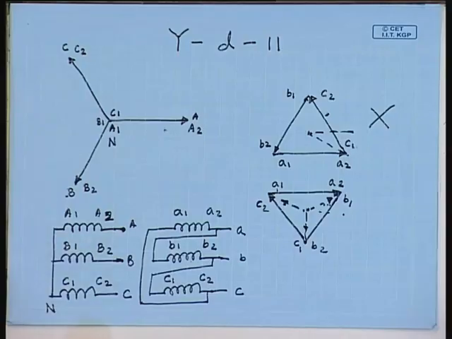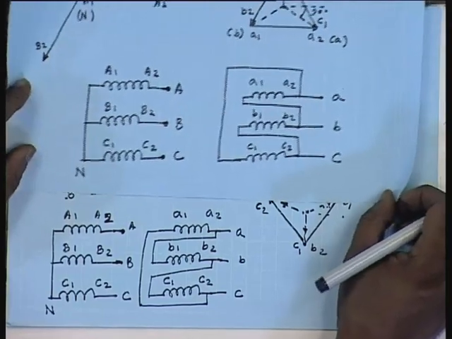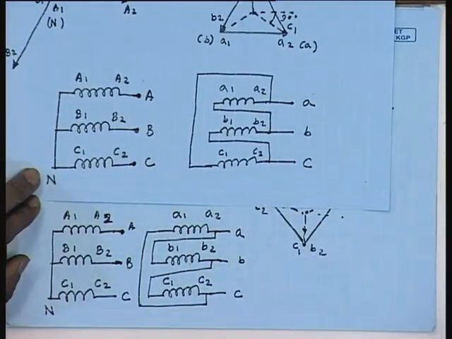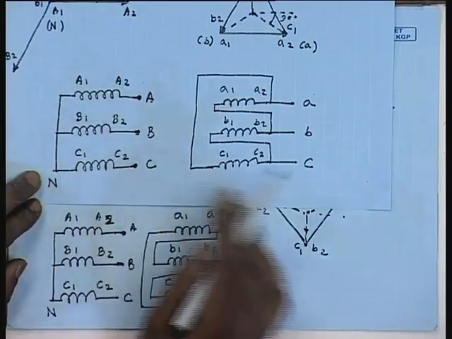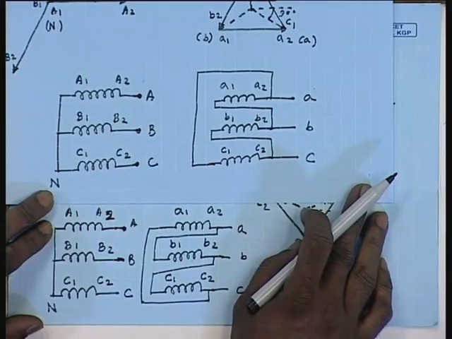Now, let us compare it with the connection YD1. When we compare, we see that in this case, the high voltage side connection of both the transformers are identical.